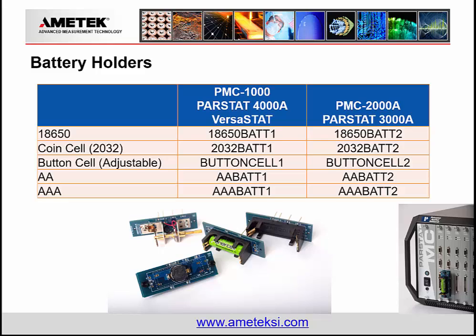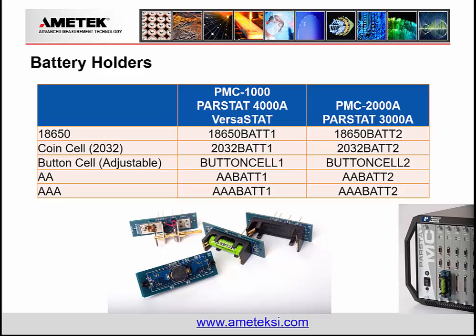We've got some battery holders for different battery form factors, and you can see a picture here mounted onto our PARSTAT MC. One of the values is simply a cleaner lab, cleaner signal. A cleaner lab meaning that you can remove the cell cables. This goes in place of the cell cable and connects directly to the front panel of the potentiostat.